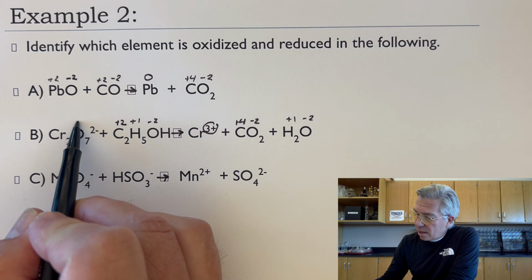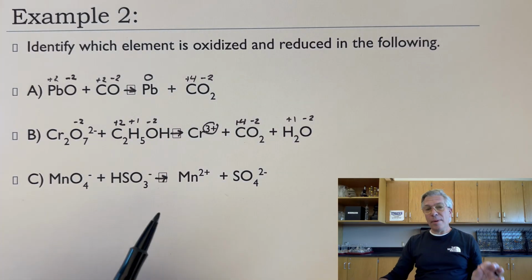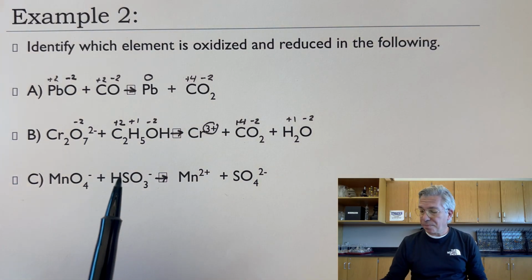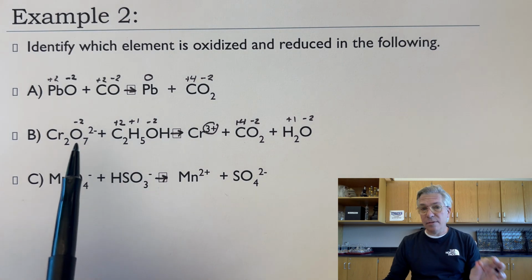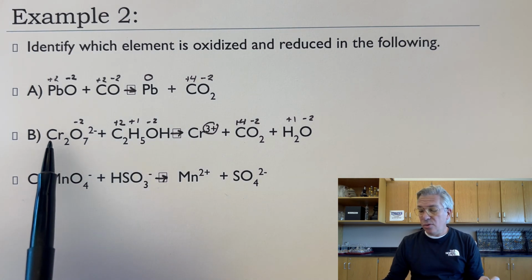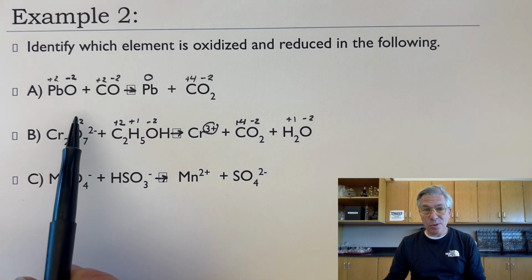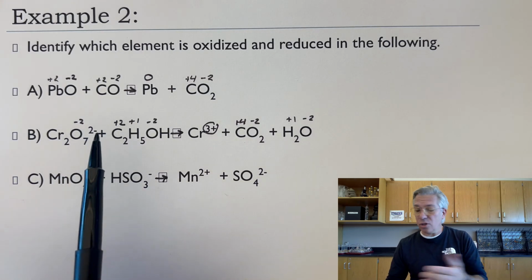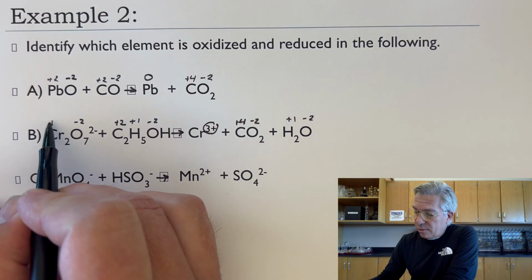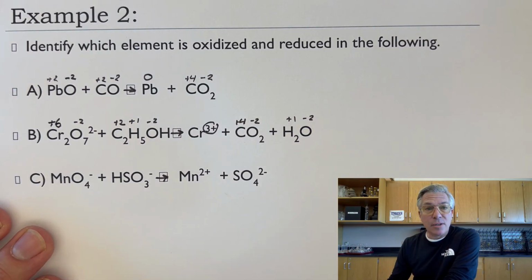And over here we have oxygens at -2. In a dichromate ion, chromium doesn't have a rule. But what does chromium have to be so that 2 chromiums plus 7 -2s add up to a -2, which is the overall charge of the ion? And if you correctly guessed +6, then great.